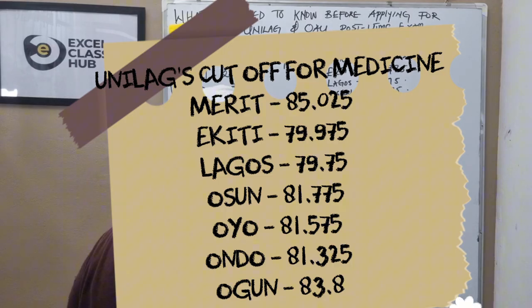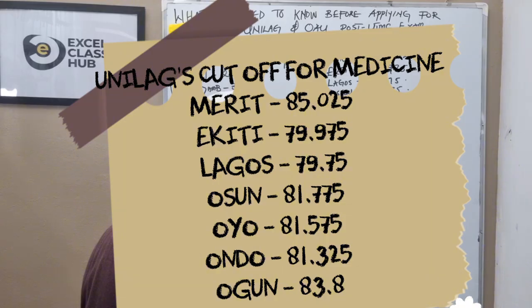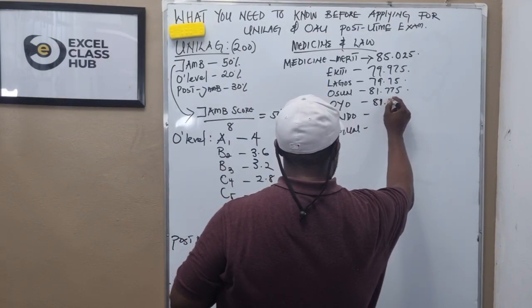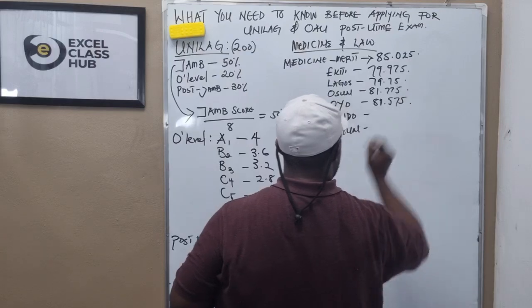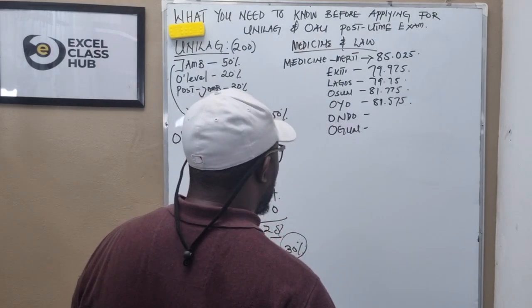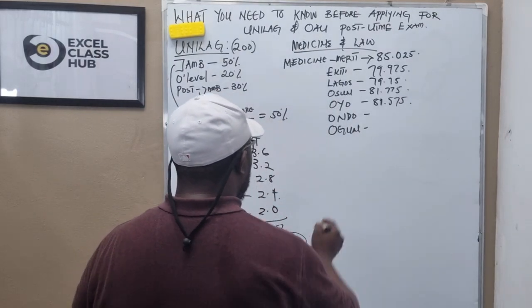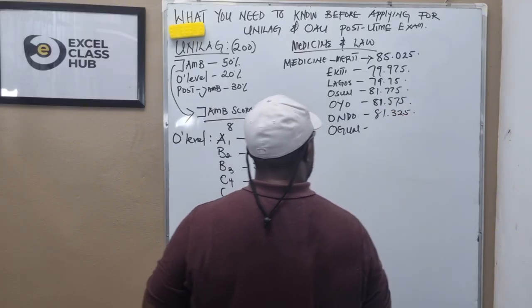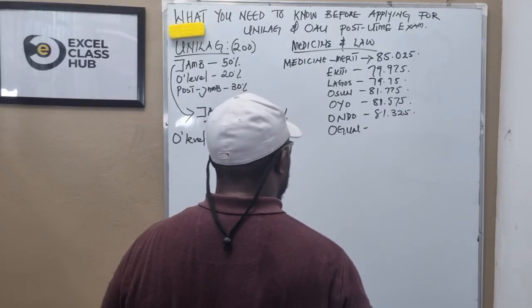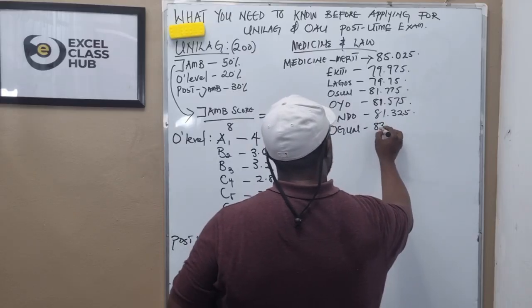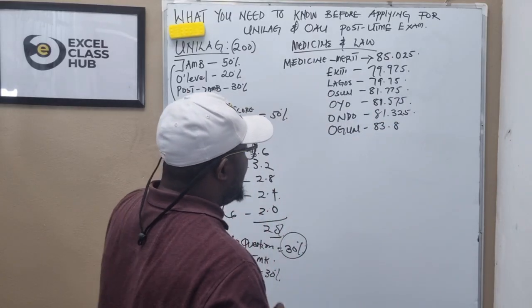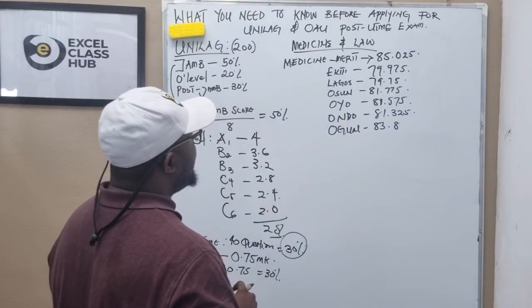The catchment cutoff for Oyo is 81.575, while for Ondo is 81.325. Then Ogun is 83.8. This is for medicine. Are we there? It's for medicine.